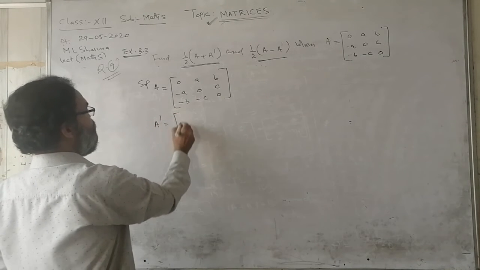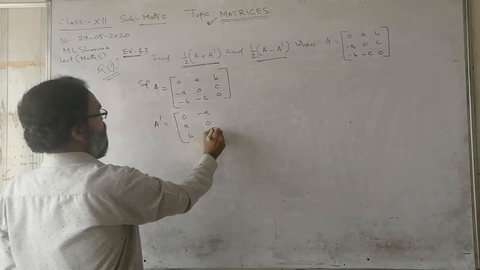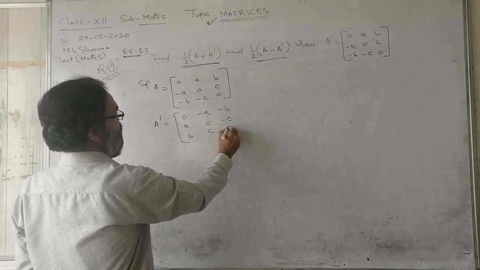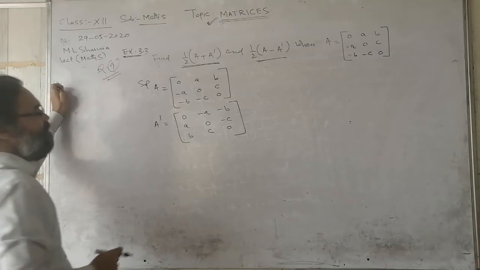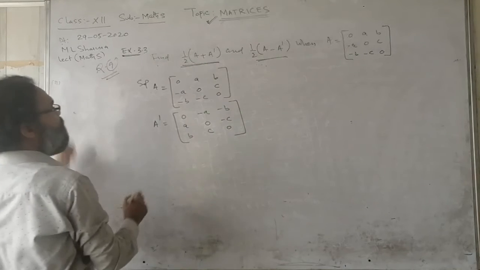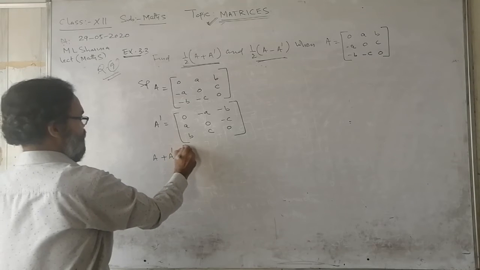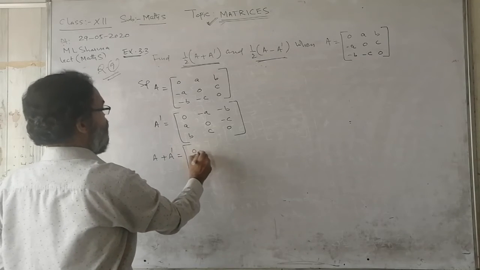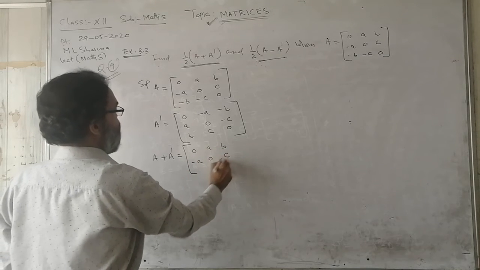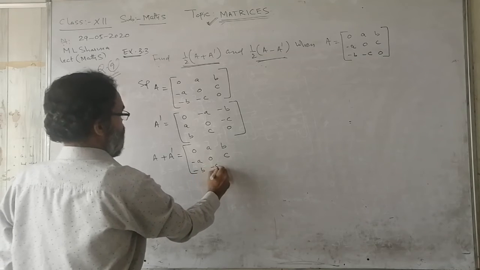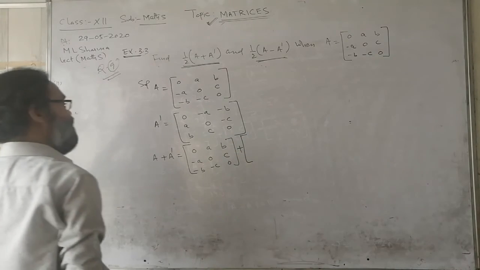This will equal to, here I have changed the rows into columns. So for this part, A plus A transpose, first find the value of A, its elements are, then the transpose of this.